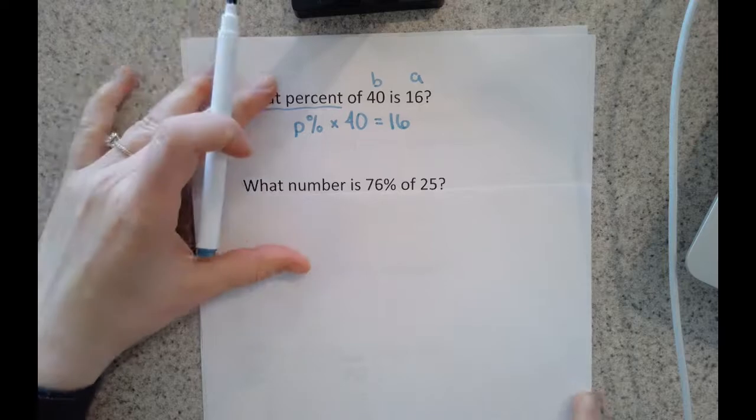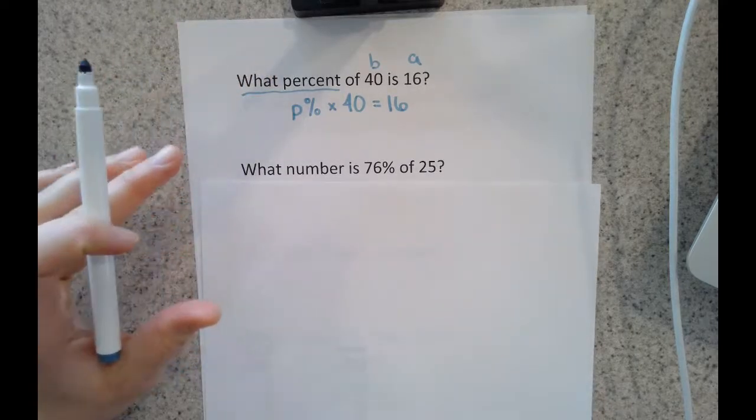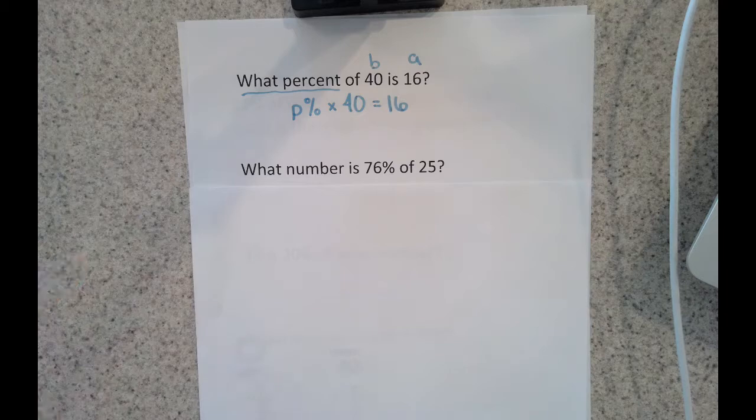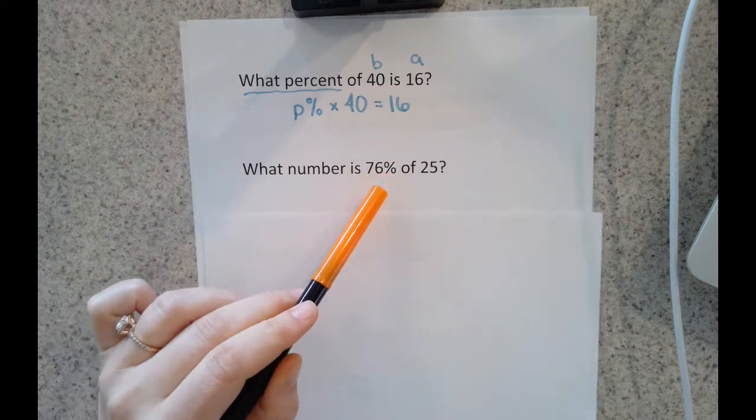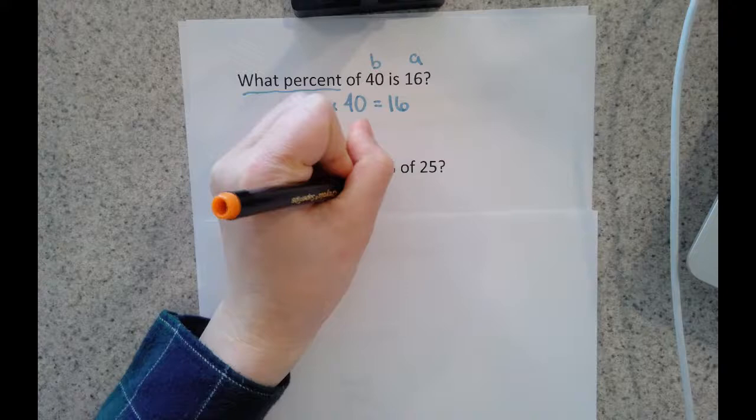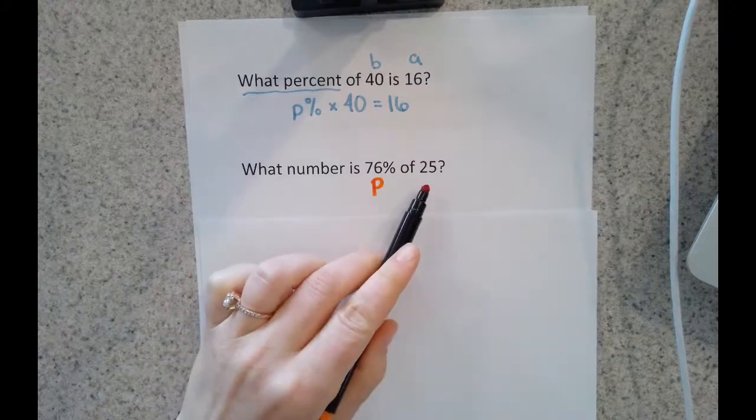Okay, here's a second example. What number is 76% of 25? So if you had a class of 25 and 76% of people got an A on the test, how many people got an A on the test? Which variable are we missing? Clearly, we know the percent. 76 has a percent sign by it, so we know P. Now we got to decide, is 25 the base or is it the part?